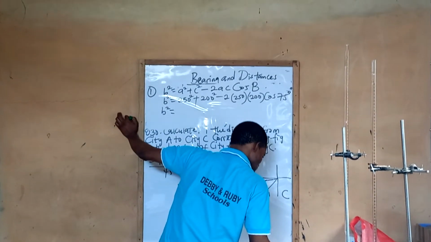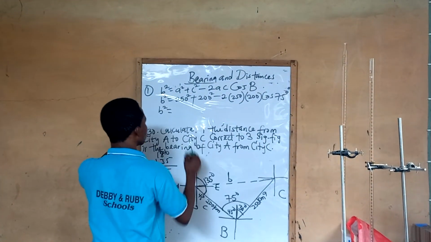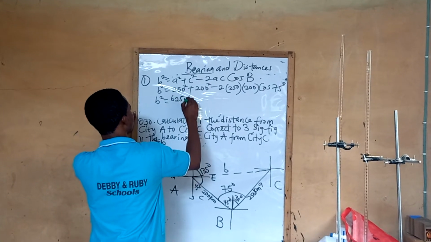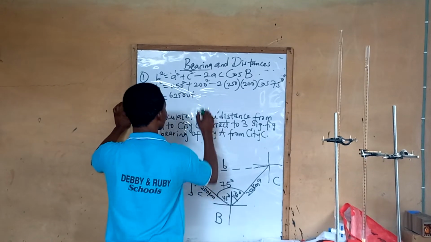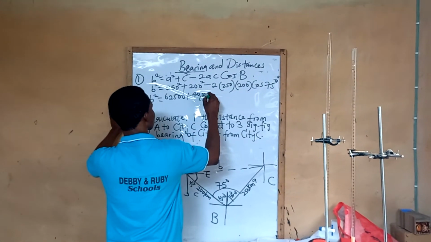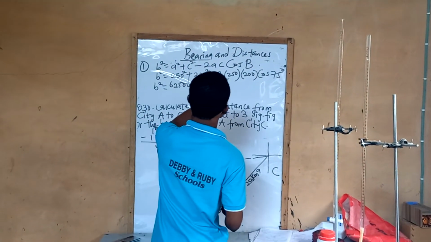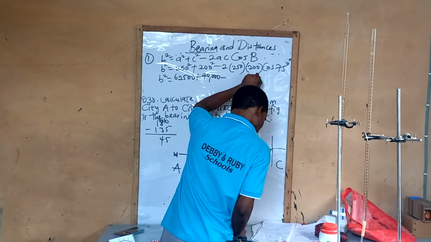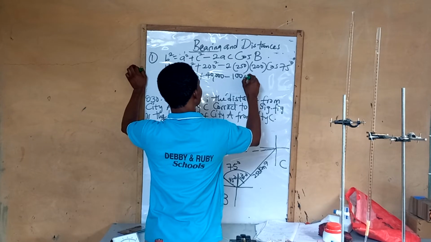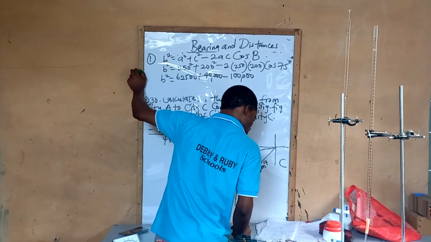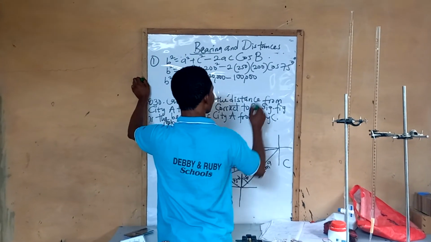So the 250 squared is 62500. 200 squared, that is 40,000. Minus, when you multiply 2 times 250 times 200, it gives us 100,000. And cos 75 gives us 0.2588.